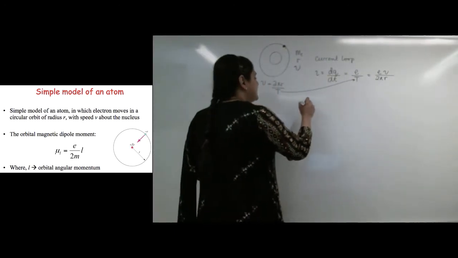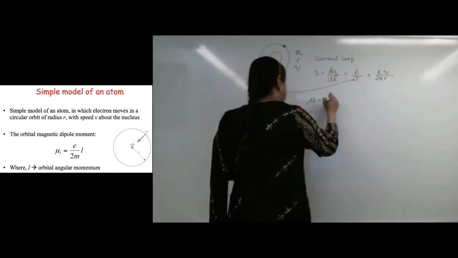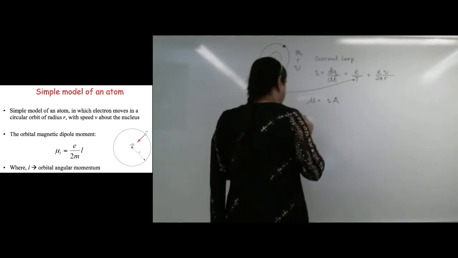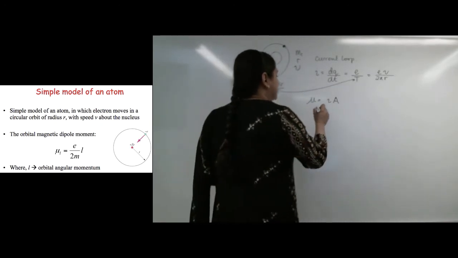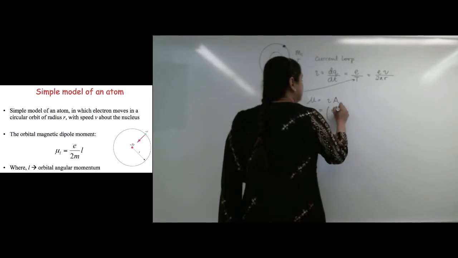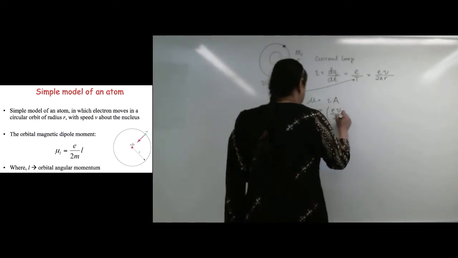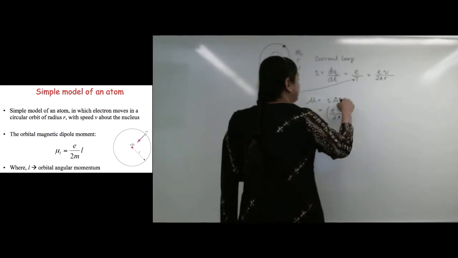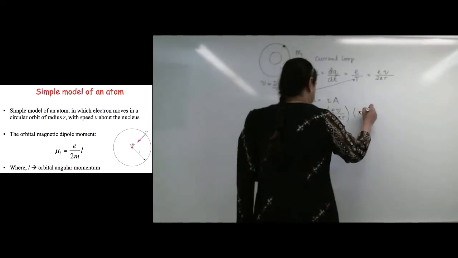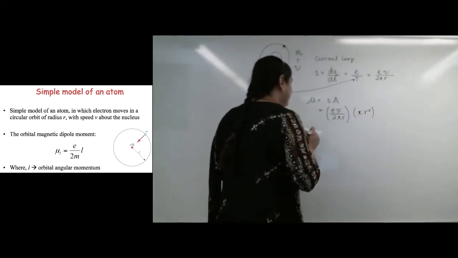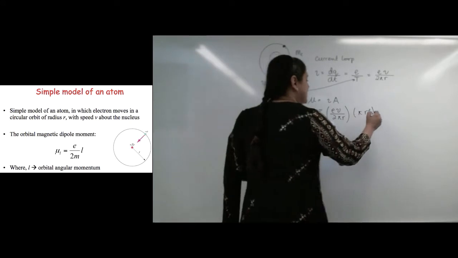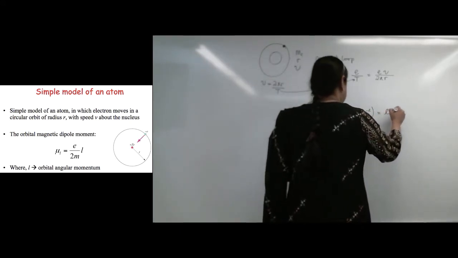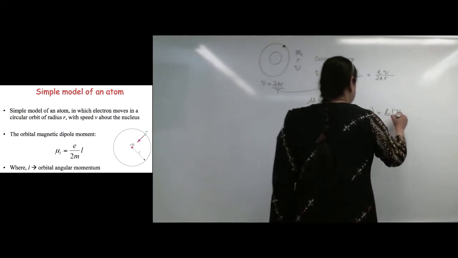Then I know that the magnetic dipole moment is given by I times A. So I can plug in the value of I, eV over 2 pi r, and the area of this loop will be pi r squared. I can solve and simplify it to give me eRV over 2.